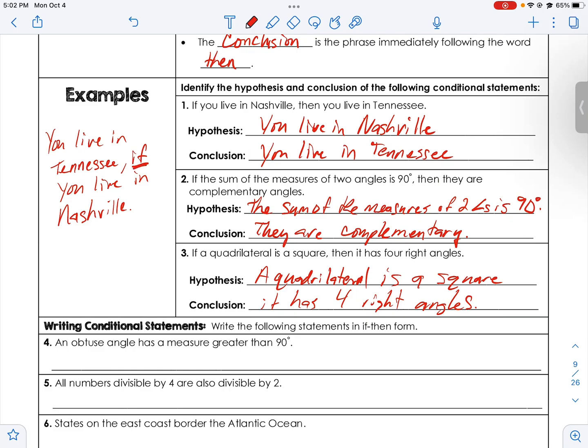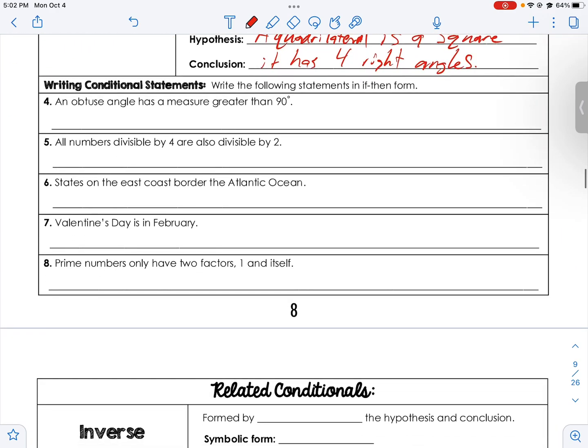Notice that this part's still the if, so this part is still the hypothesis because it follows the if. There's an understood then up here. So sometimes the sentences are written in reverse order, but the P and the Q are still the things that follow the if and follow the then. The hypothesis is always first. The conclusion is always second.